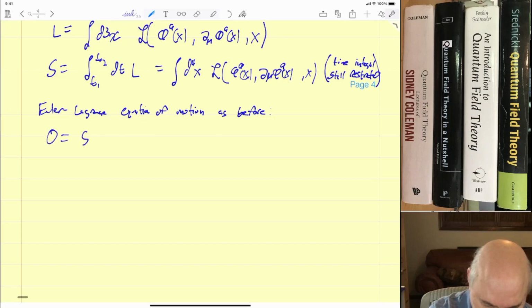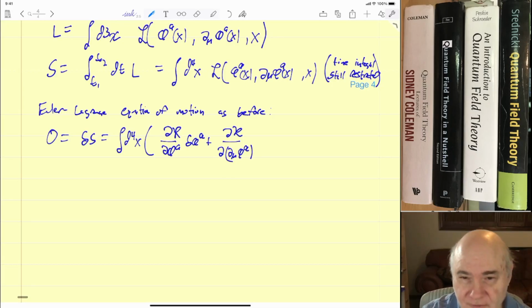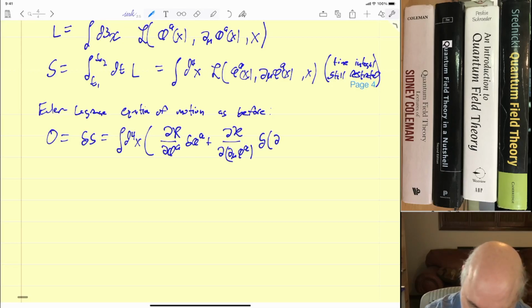Zero is equal to delta S, which is equal to the integral of d^4x. And if you haven't seen this before, I suggest you look in the last chapter of Goldstein where he covers field theories, just to make yourself more comfortable with this.